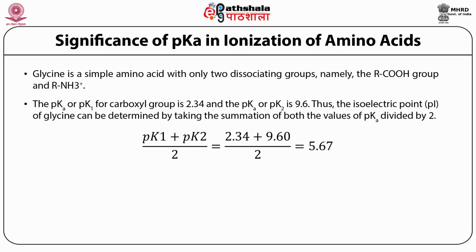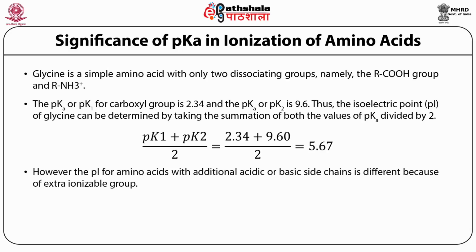So the isoelectric point of glycine can be calculated by taking the average of the two, which is 5.67. If an amino acid has only two ionizable groups, then you can take the average of them. At 5.67, the carboxyl group is negatively charged and the amino group is positively charged, so that will have net charge 0.